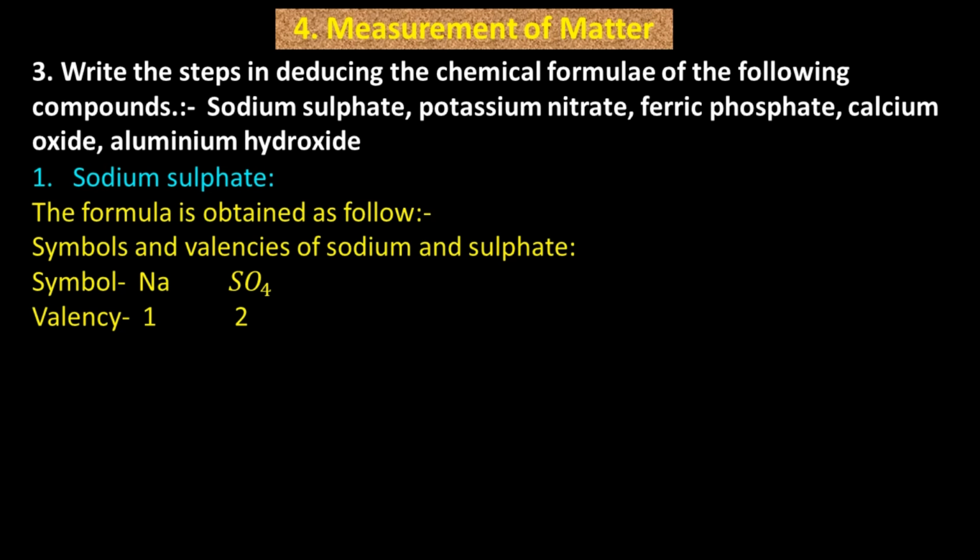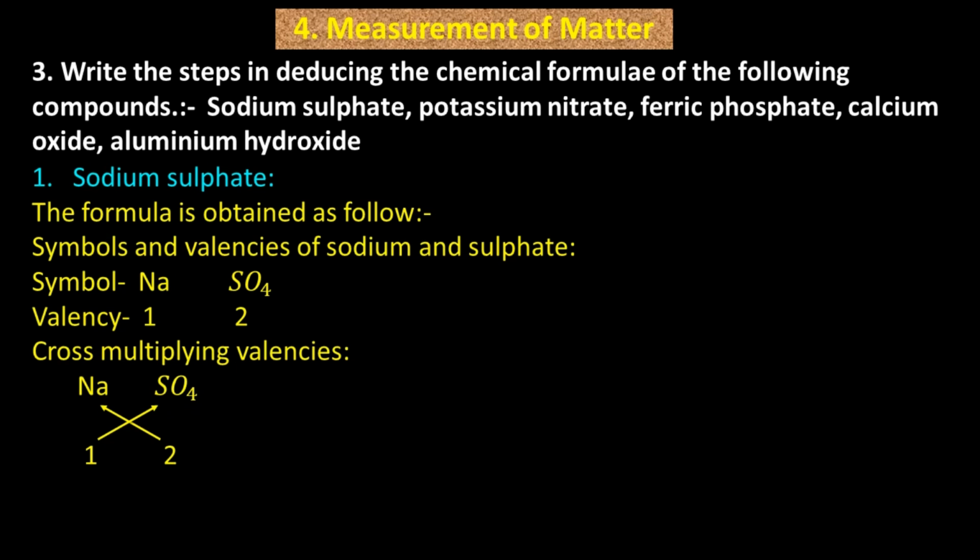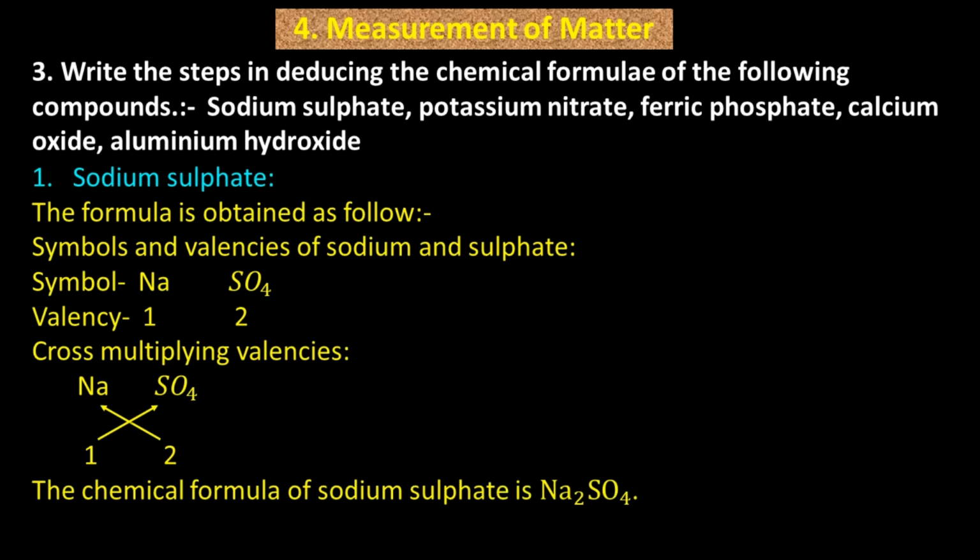Symbol Na for sodium, valence is 1. For sulfate, SO4, valence is 2. Cross multiplying the valencies, Na is multiplied by 2 and SO4 is multiplied by 1. Therefore, the chemical formula of sodium sulfate becomes Na2SO4.